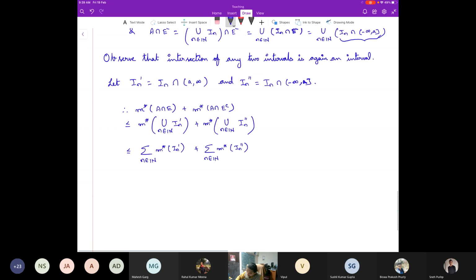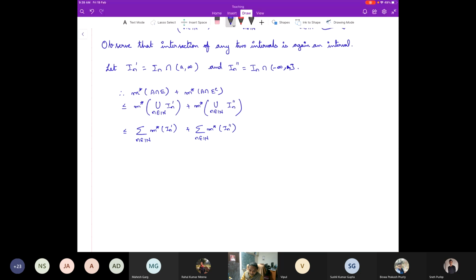Now I_n dash is an interval, and I_n double dash is again an interval, and we know that the Lebesgue outer measure of an interval coincides with the length of the interval.